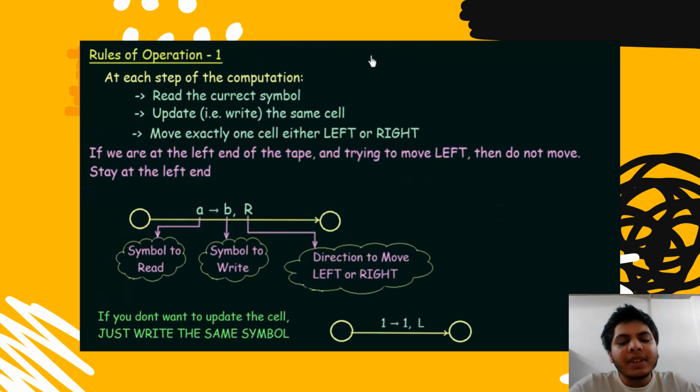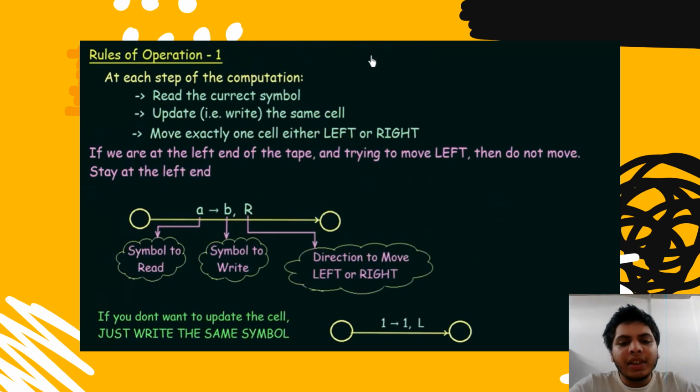In the previous slide, we discussed the operations you can perform on a tape, and at each step of the computation, you look where your tape head is present, and that is the current symbol that we consider.